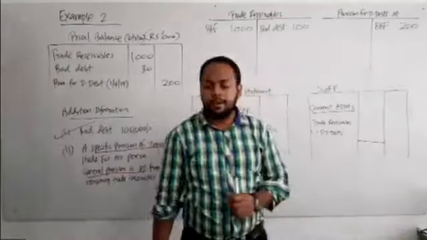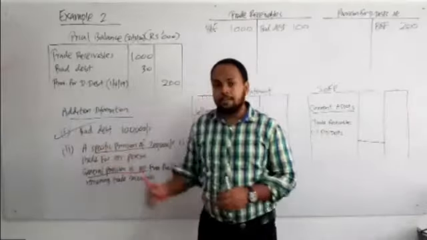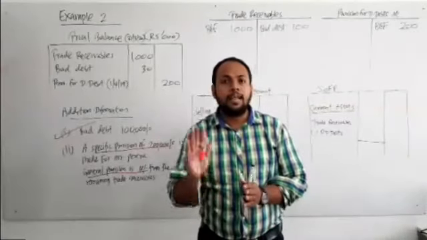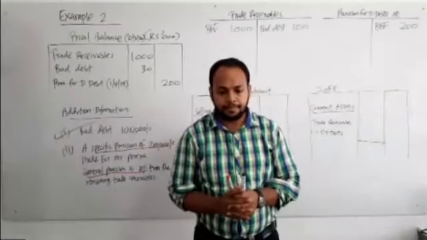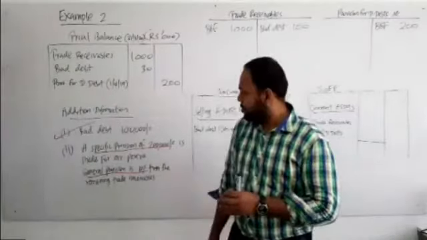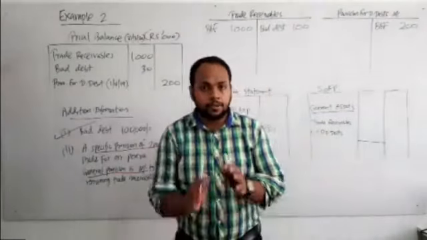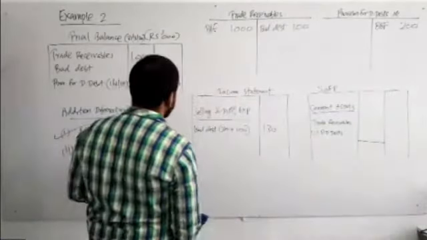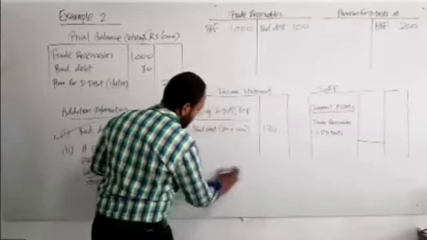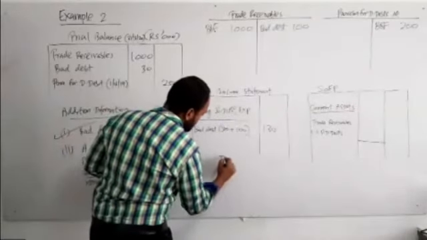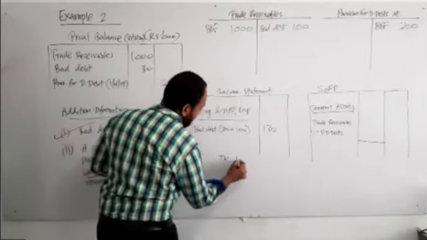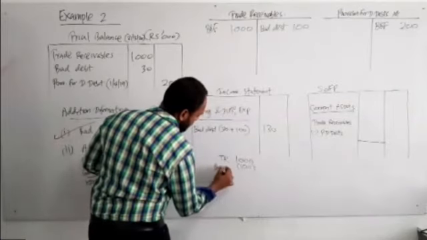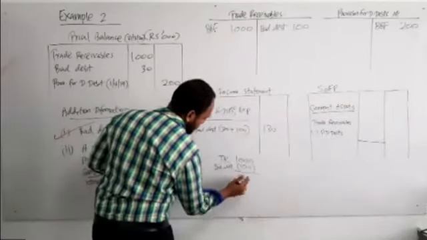Now the important part is the provision. Here we have two types of provisions: a general provision and a specific provision. Let's calculate the total provision. We have trade receivables 1 million, and there is a bad debt of 100,000.